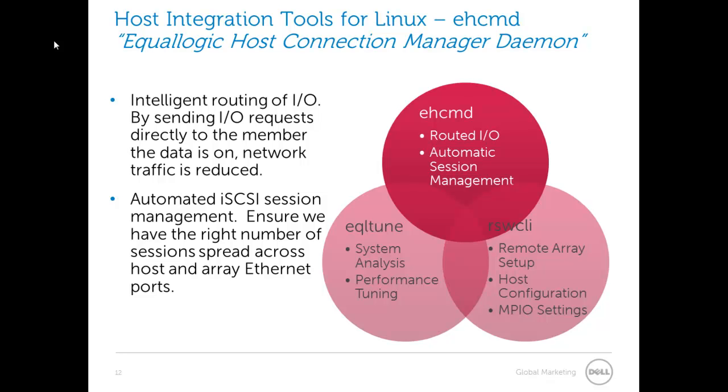It also dynamically manages sessions and automatically sets up an optimal mesh based on the available hardware on the host and PS Series group members. The next couple of slides will illustrate how EHCMD works with PS Series arrays.